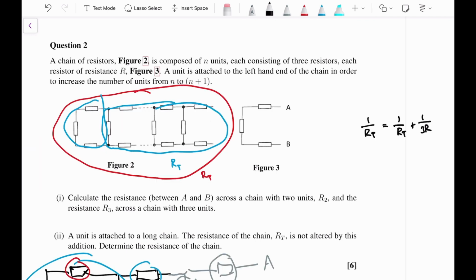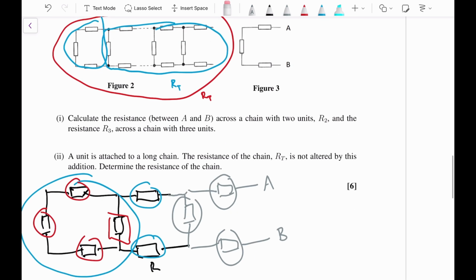No, I don't think it's like this. It's the same idea with this one over here.